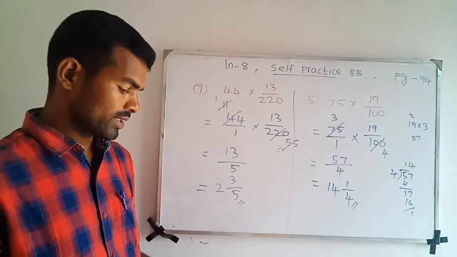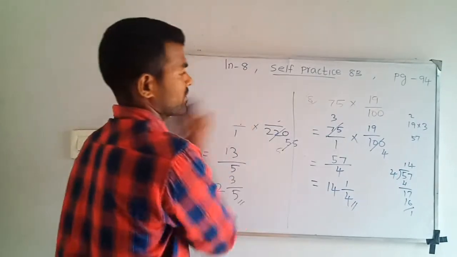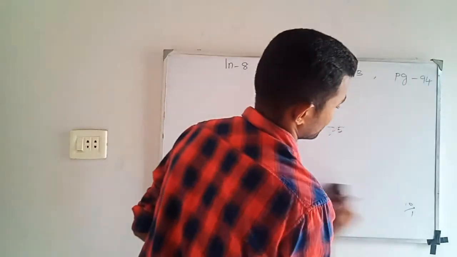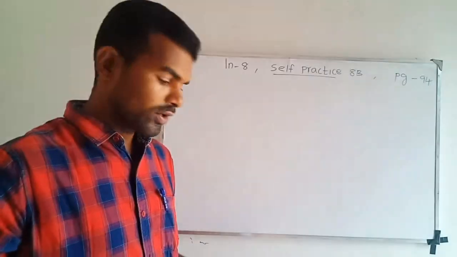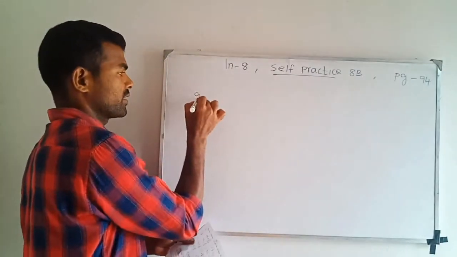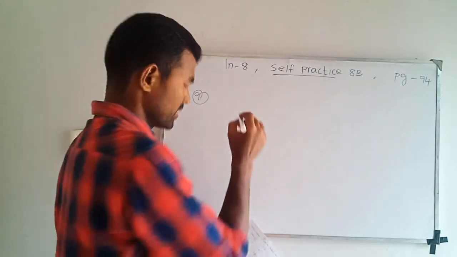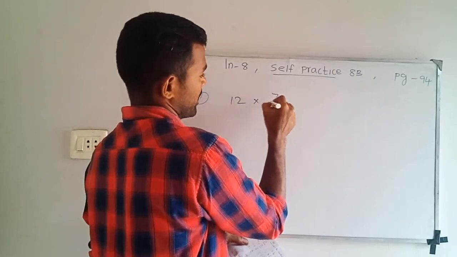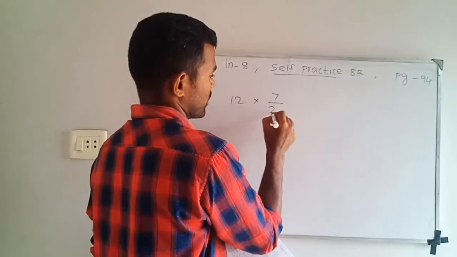Now let us see the next, question number 9. I hope this is very easy now. I feel you got the idea. Question number 9, 12 multiplying 7 by 20.